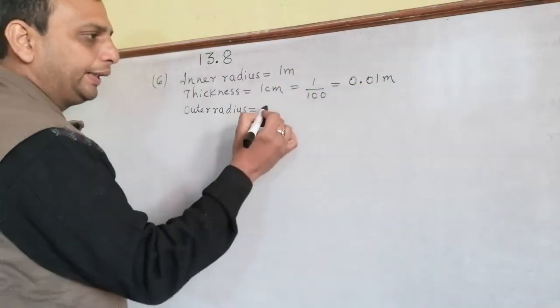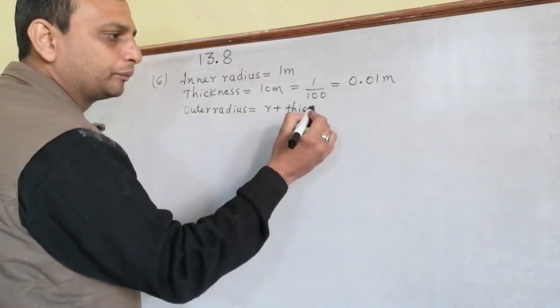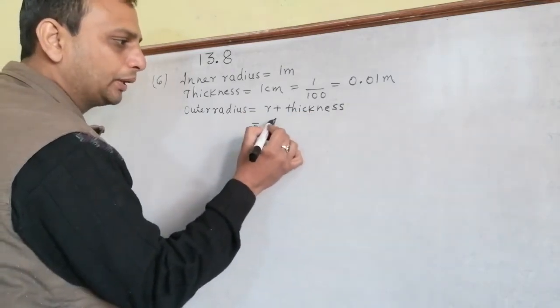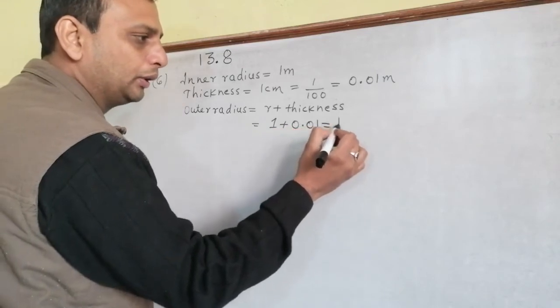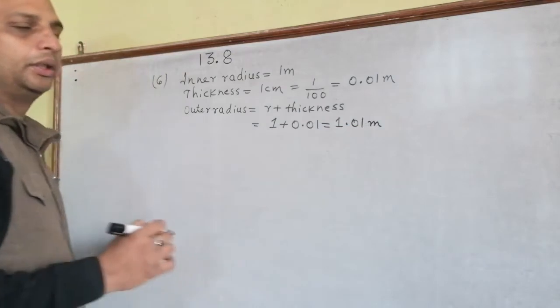So the outer radius formula is inner radius plus thickness. This formula I already told you. So 1 plus 0.01, 1.01 meter is the outer radius.